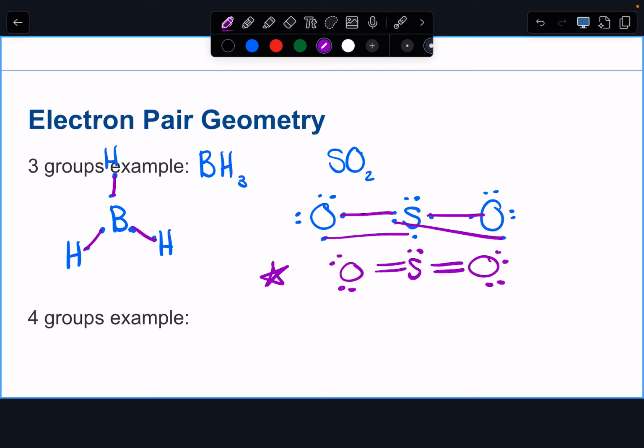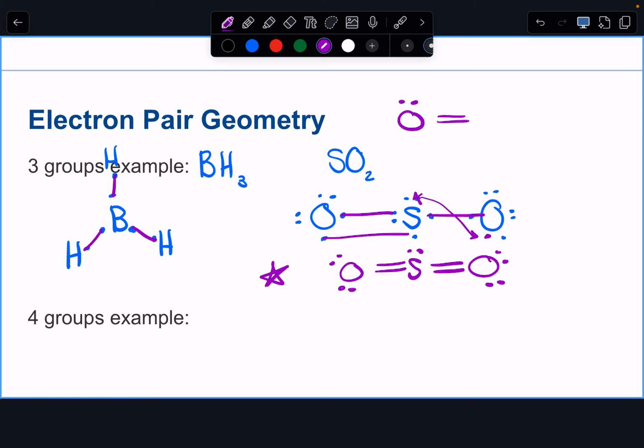If we wanted to, maybe we were stuck on the idea of the octet, we could have taken one of these electrons and moved it to the oxygen, and ended up with, is that right?